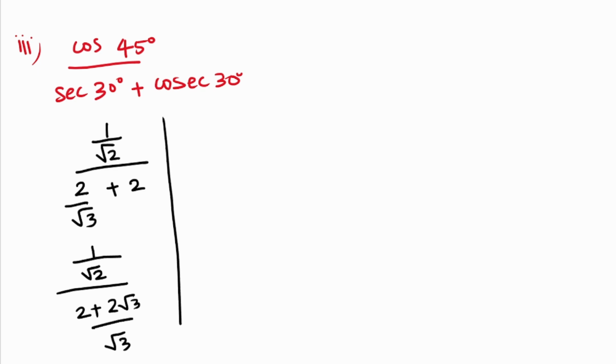Now we'll divide this, that is 1 divided by root 2 into, since division comes, the denominator's reciprocal multiplication will take place, that is root 3 into root 3 divided by 2 plus 2 into root 3.